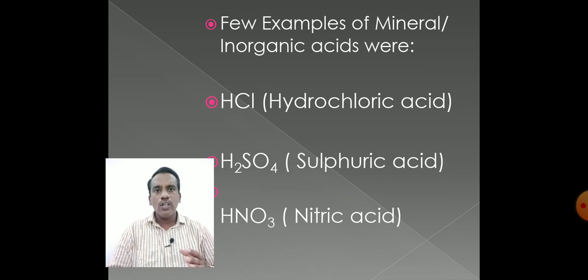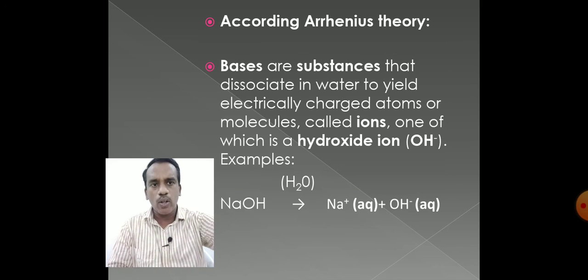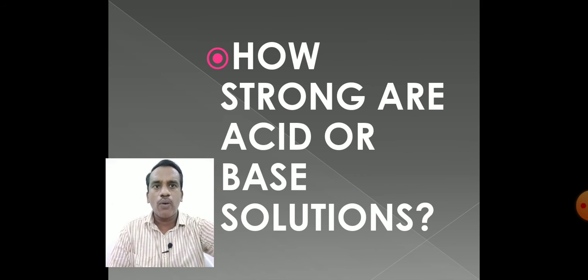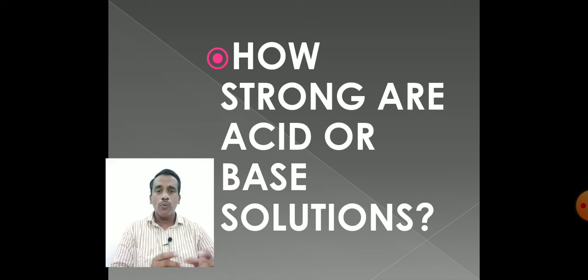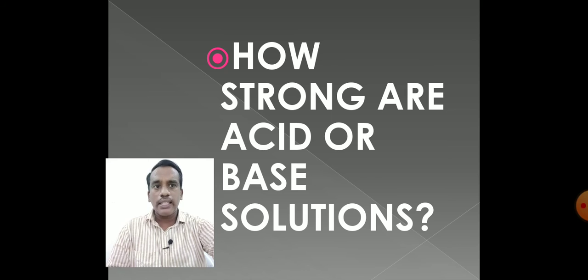What is the basicity of HCl? Monobasic acid. H2SO4, dibasic acid. HNO3, monobasic acid. So you must learn this basicity and acidity to understand the number of H plus ions given by acids and the number of OH minus ions given by bases. Now, how strong are the acids or bases?